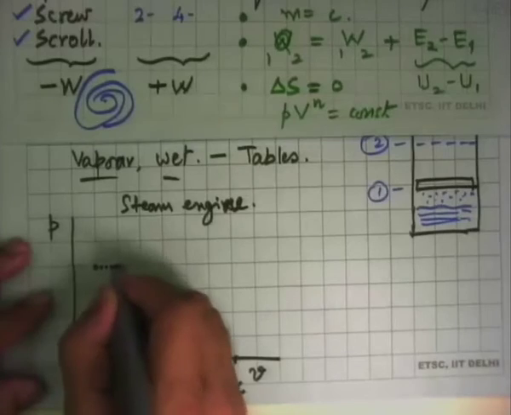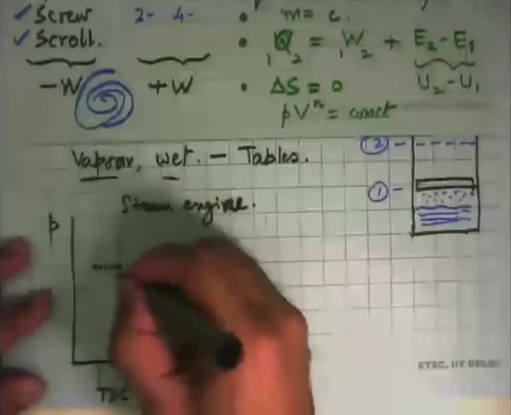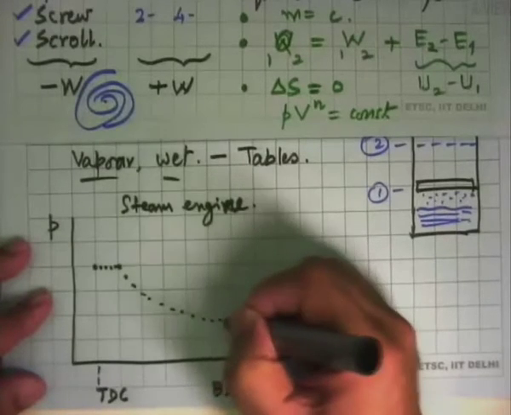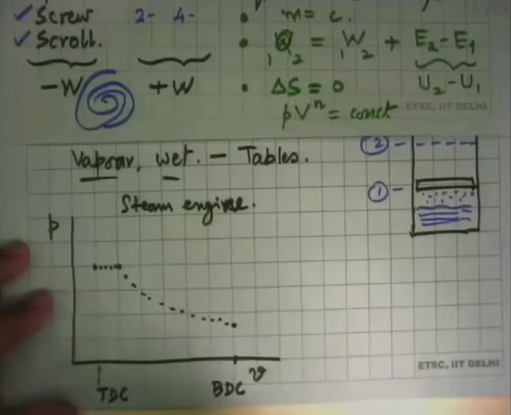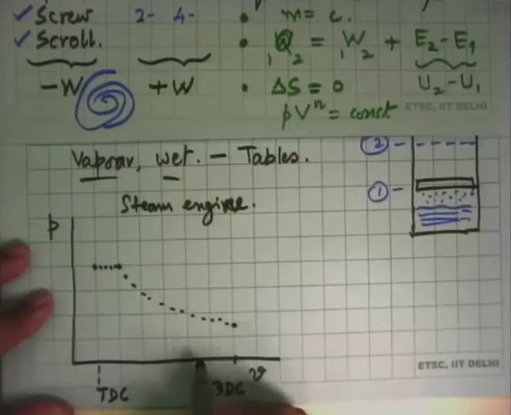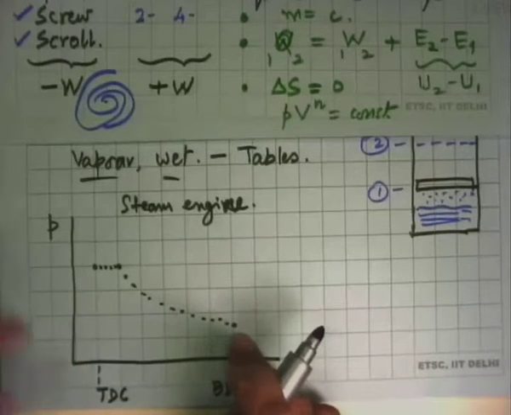For some time we admitted steam, then the steam valve closes. And then this follows a series of paths, a series of states, until the piston reaches the end, at which point the exhaust valve opens and the steam is let out, and it is now only steam at ambient pressure, slightly above ambient pressure.